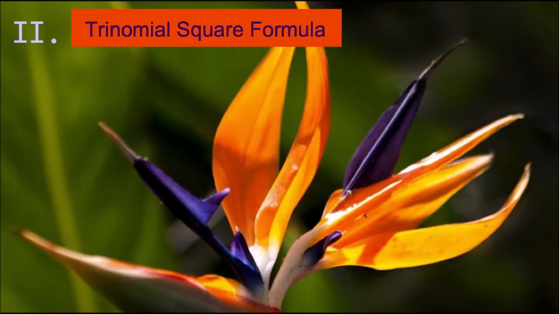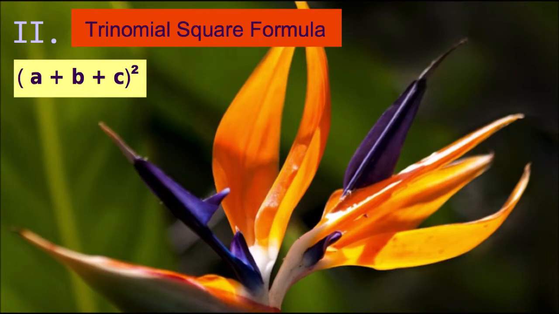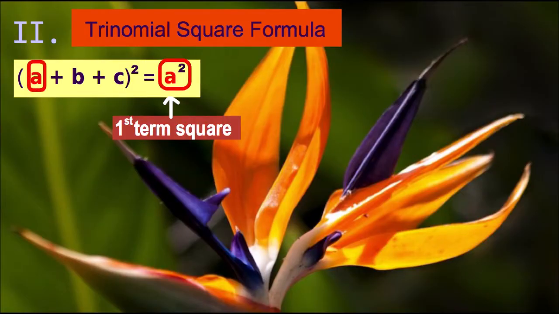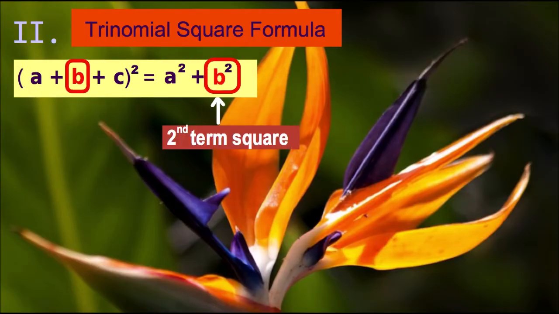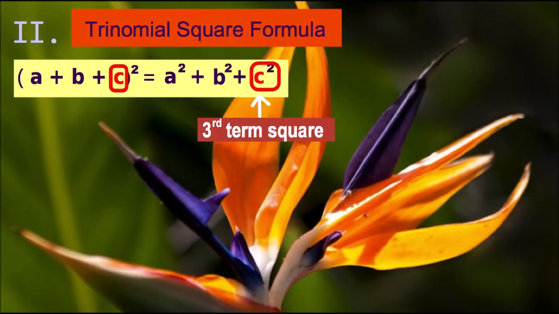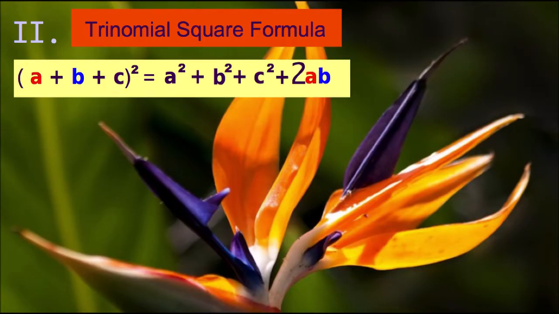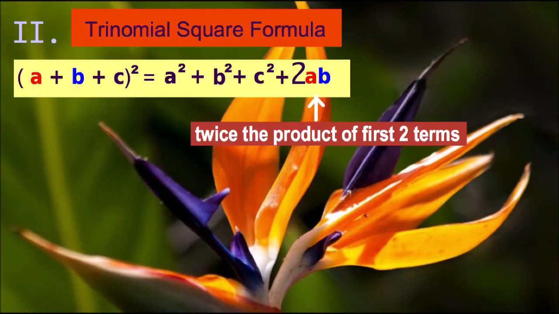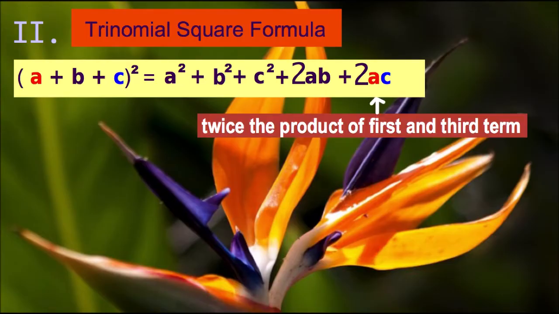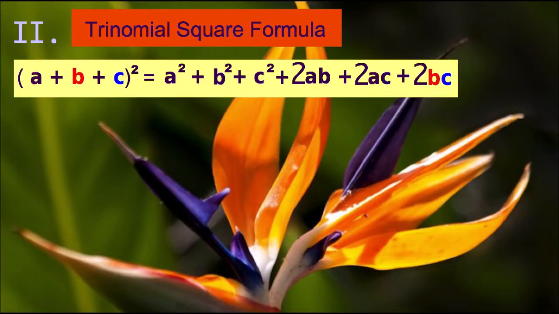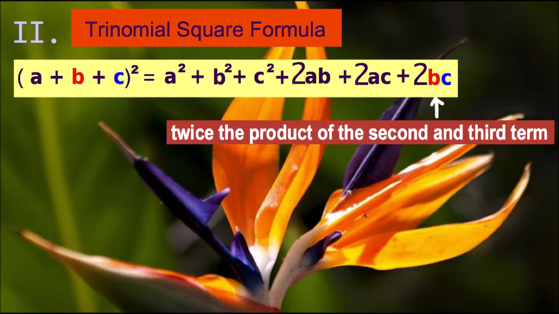Next, we have the trinomial square formula, which pertains to (a + b + c) squared, which in this case equals a squared, the first term squared, plus b squared, the second term squared, plus c squared, which is the third term squared, plus 2ab, which is twice the product of the first two terms, plus 2ac, which is twice the product of the first and third term, plus 2bc, which is twice the product of the second and third terms.